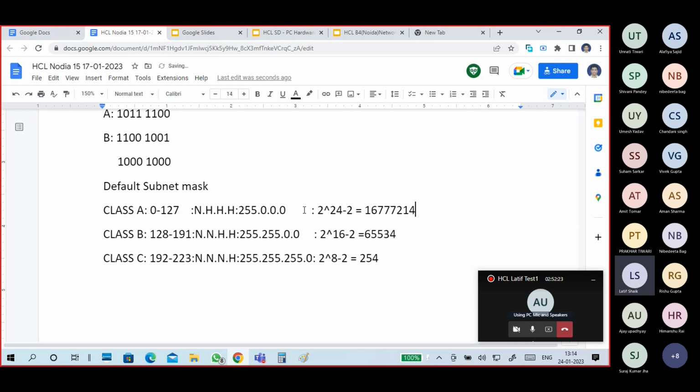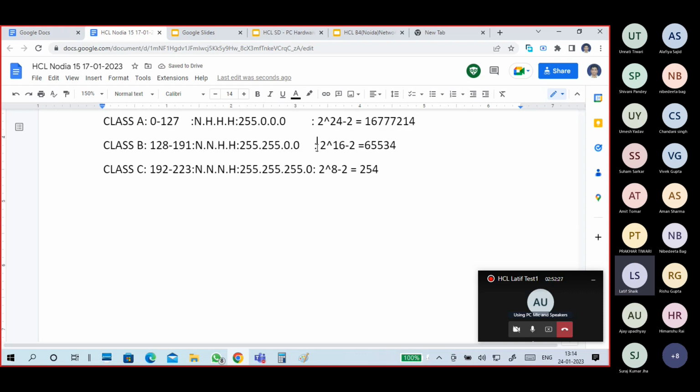These many devices you can connect in a single network. That's how we are divided.